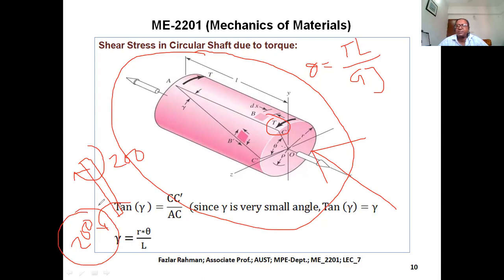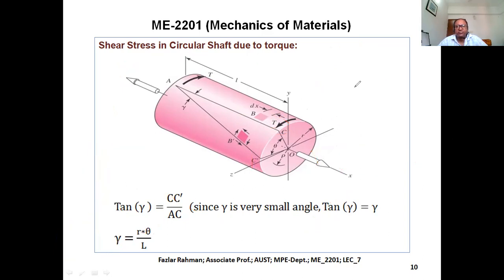This torque will be positive because it matches this orientation. If you look from the right side, this T will try to rotate anticlockwise, and this one is also anticlockwise. So if you found, say, theta of 10 degrees, this 10 degrees will be positive. That means the torque is positive.